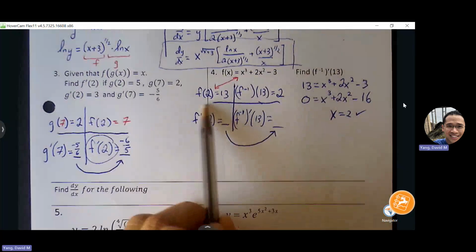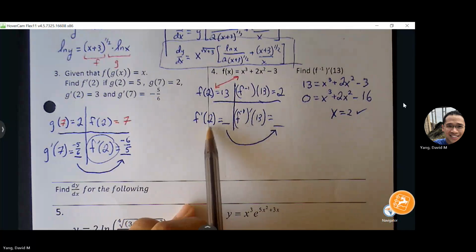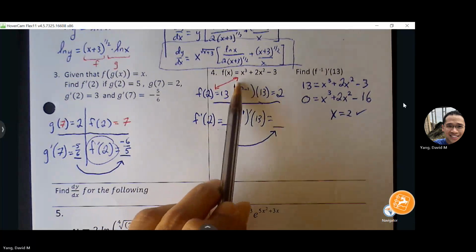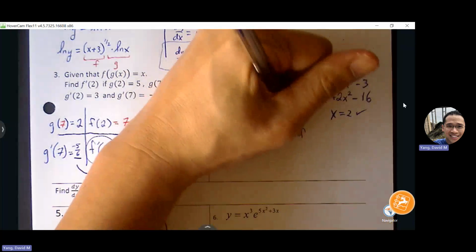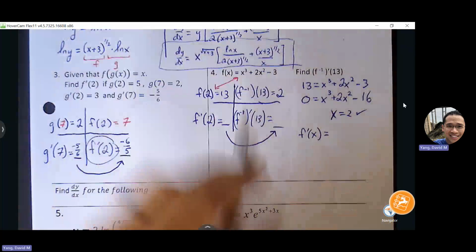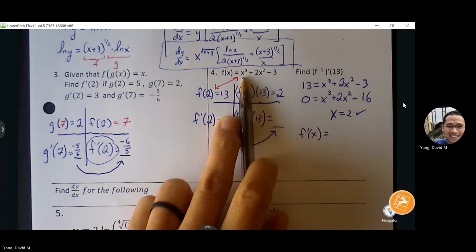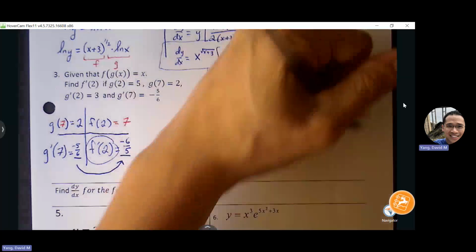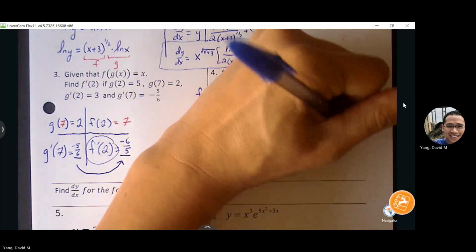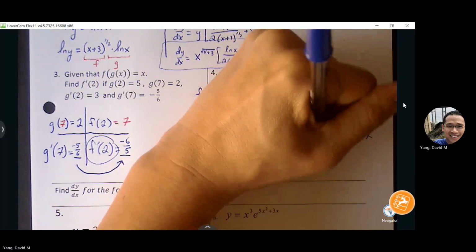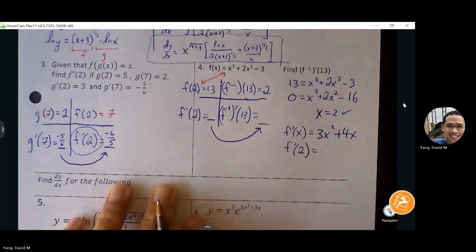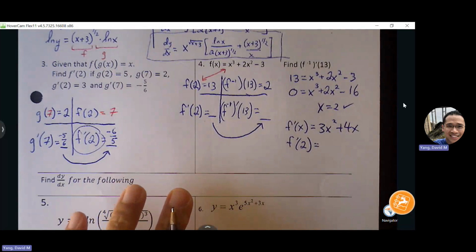Okay, so how can I work towards finding f prime of 2? Find the derivative of f of x. Okay, what's the derivative? Let's find the slope of the f graph at 2.